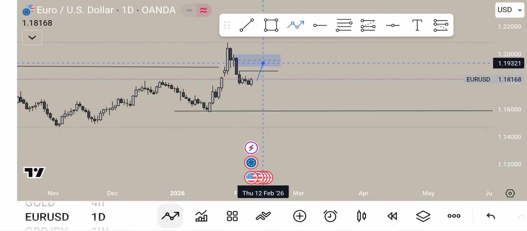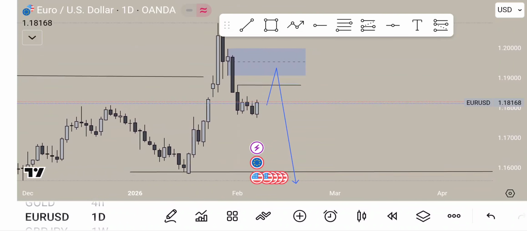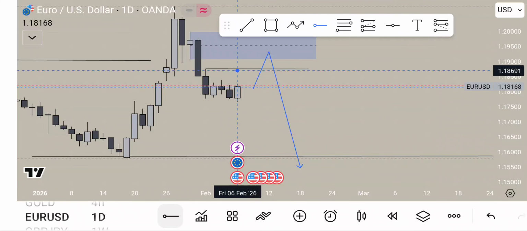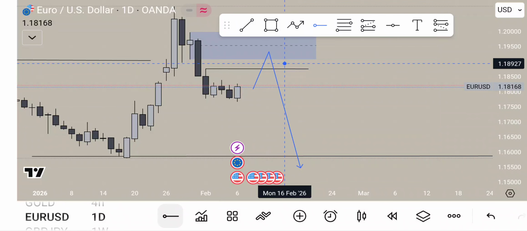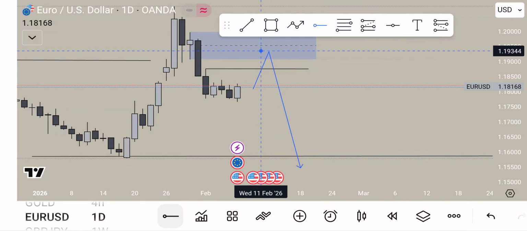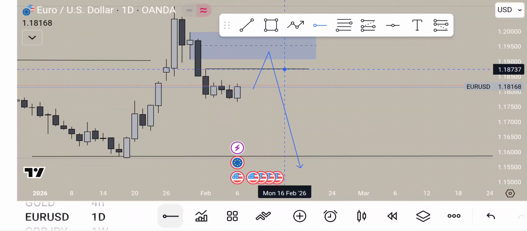It might enter this demand zone, or it might just take out this fair value gap and give us a change of character in the lower time frame. Then why should we not take our sales?